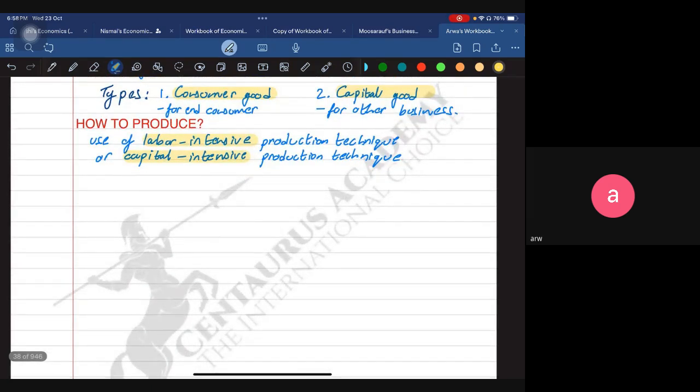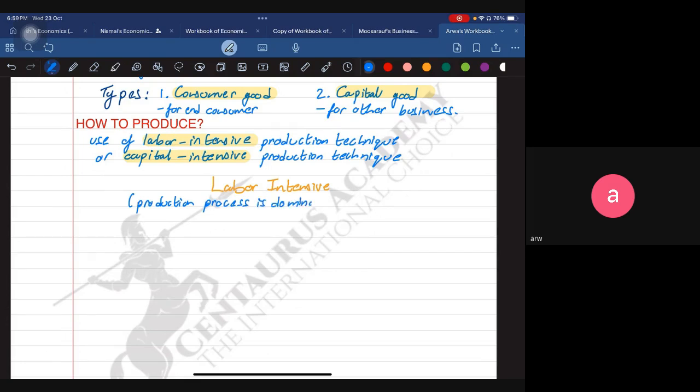Perfect. Great. Got it. We are going to discuss a little bit more about the labor and the capital intensive. First, we talk about the labor intensive. Labor intensive production is where the production process is dominated by labor.